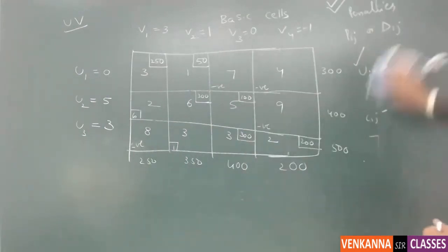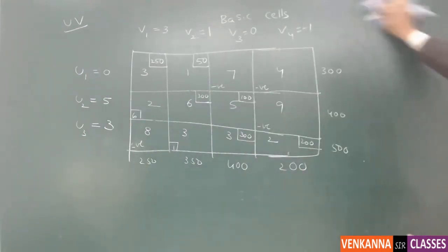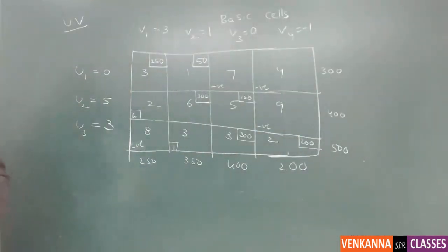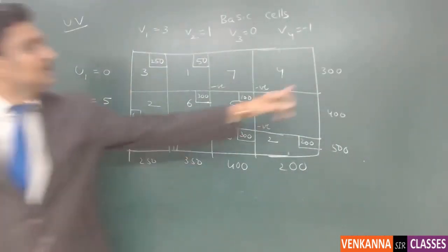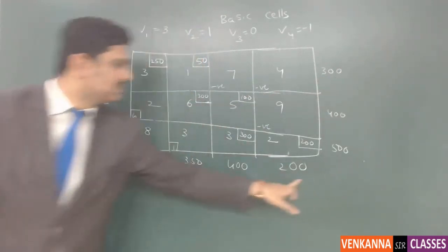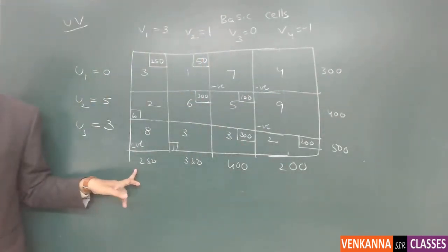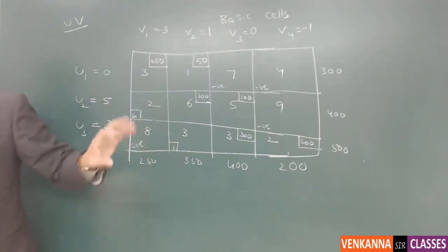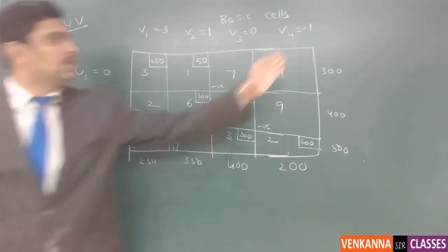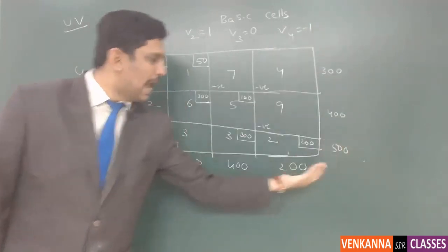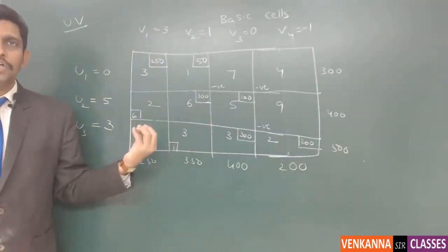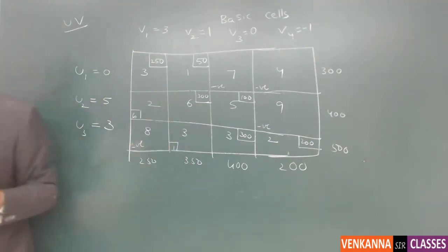How to modify the solution? Please understand that these values are supplies and these values are demands. You are improving the solution means without violating the constraints of supply and demand, you are doing some allocations or you are modifying the allocations.